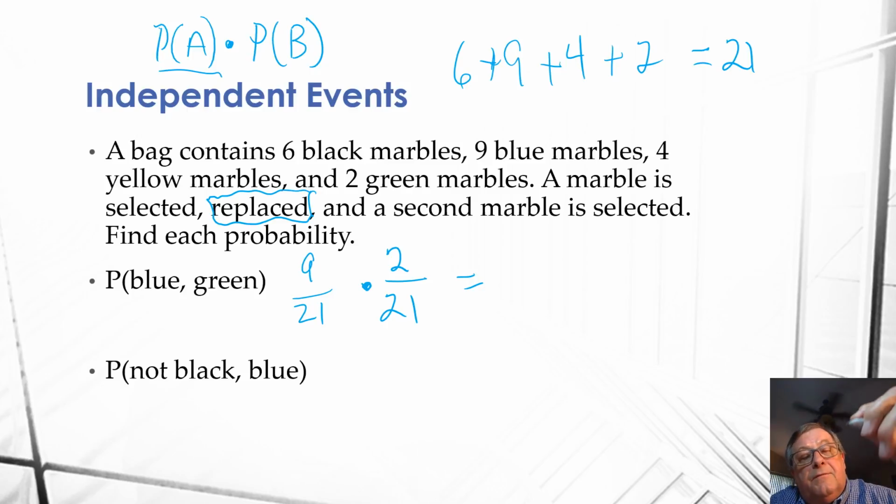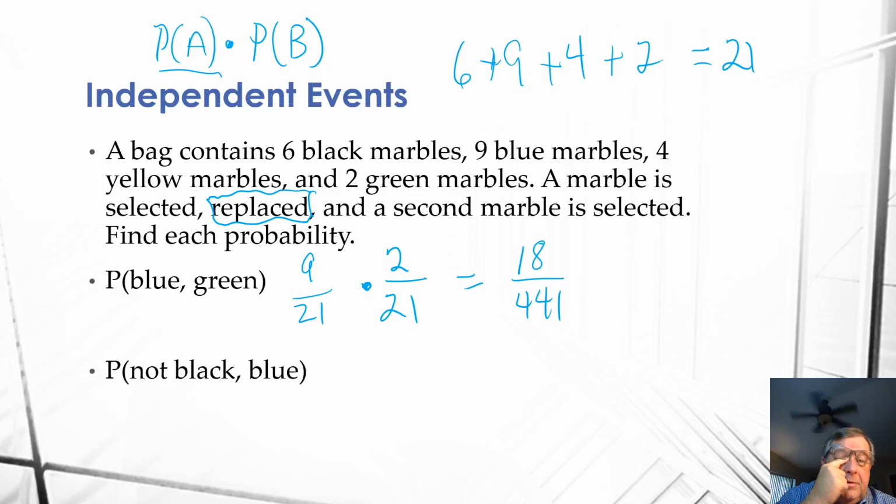So the probability of doing an independent event of a blue and a green marble is 18 over 441. And I might just be curious, what's the percentage of that? Let's see, 18 divided by 441 is about 4.1%.